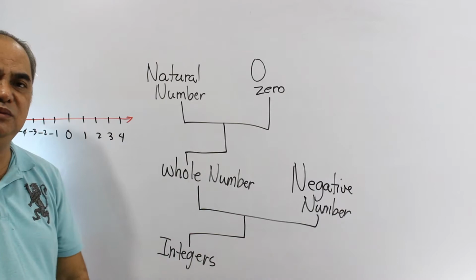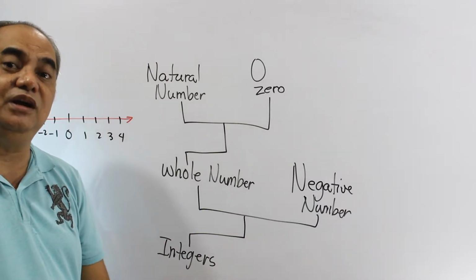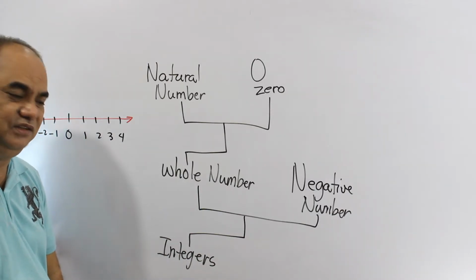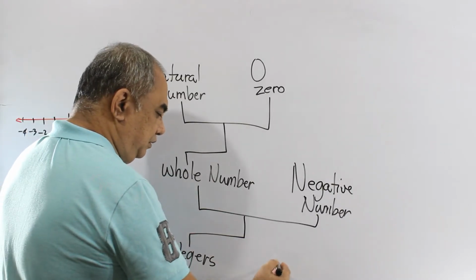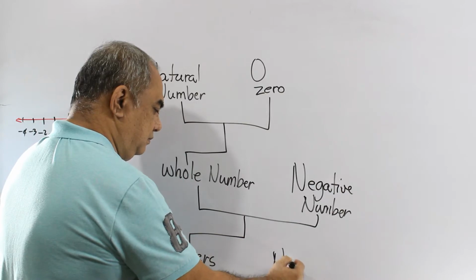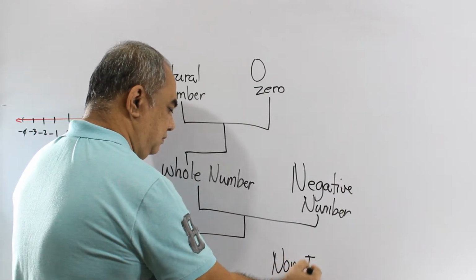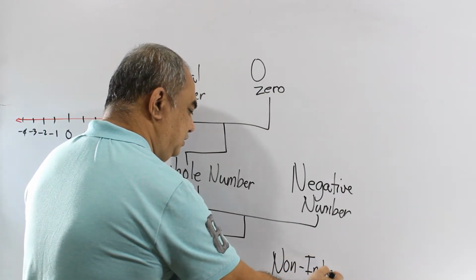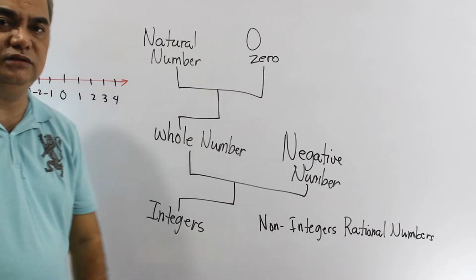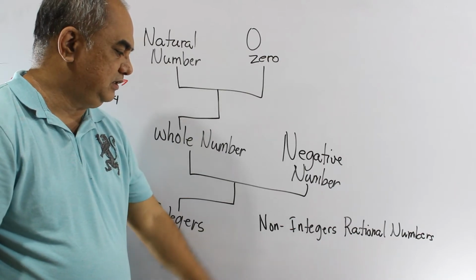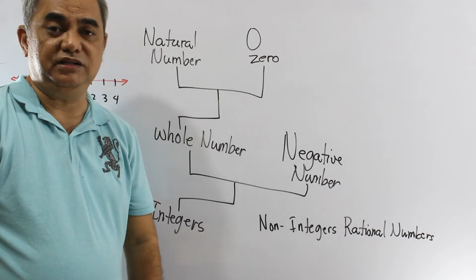But the question is, what about the numbers that are in between the integers? Across the integers, we have what is known as the non-integers, or rational numbers.